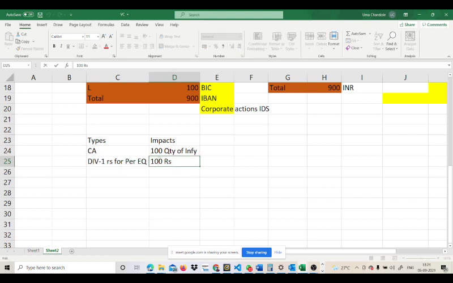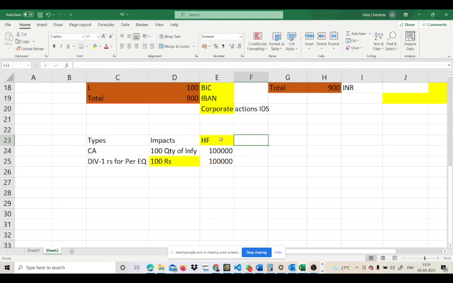Don't you say that is a change or impact? You have received consideration, right? This applies to the mutual fund as well. If a mutual fund holds 100 quantity, or let's say 10,000 or 1 lakh quantities of Infosys, or a hedge fund, then they will receive this much amount.